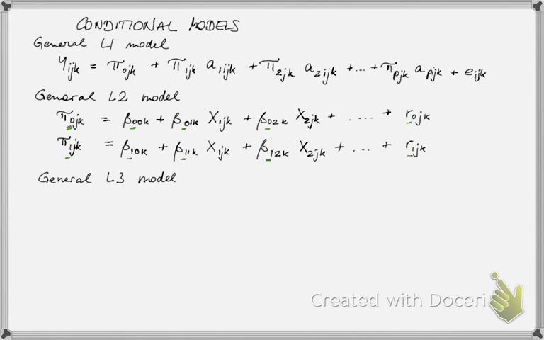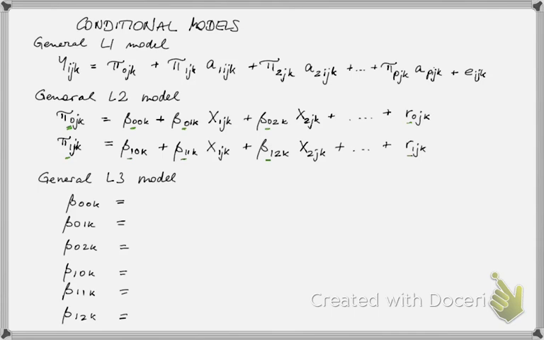So you would get a beta 0 0k, a beta 0 1k, a beta 0 2k, a beta 1 0k, beta 1 1k, beta 1 2k in our case, and then so forth.